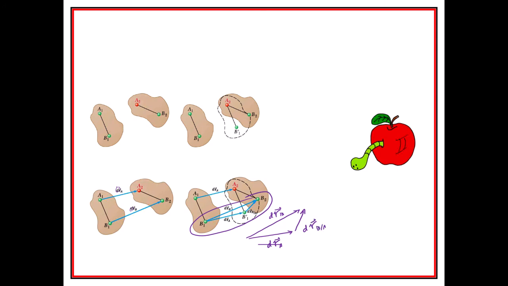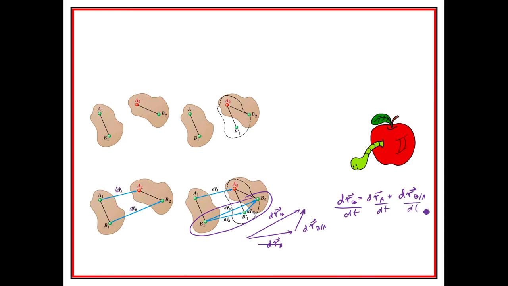If we take a small time increment, we could write out this equation right here as dRB is equal to dRA plus dRB with respect to A. Here, we could divide all that by dt.